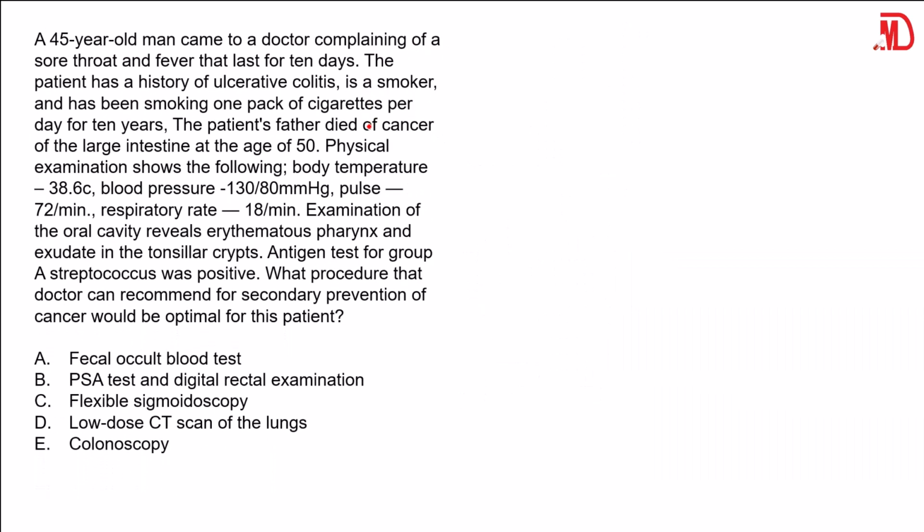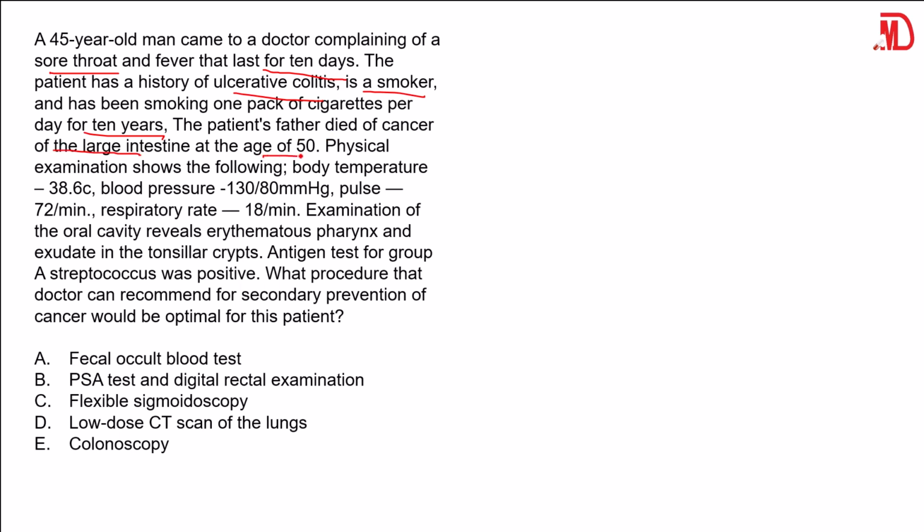Now, a 45-year-old man came to a doctor complaining of a sore throat and a fever that lasts for 10 days. 10 good days. Now, the patient has a history of ulcerative colitis. Patient is a smoker, has been smoking 1 pack of cigarette per day for 10 years. Patient's father died of cancer of the large intestine at the age of 50.